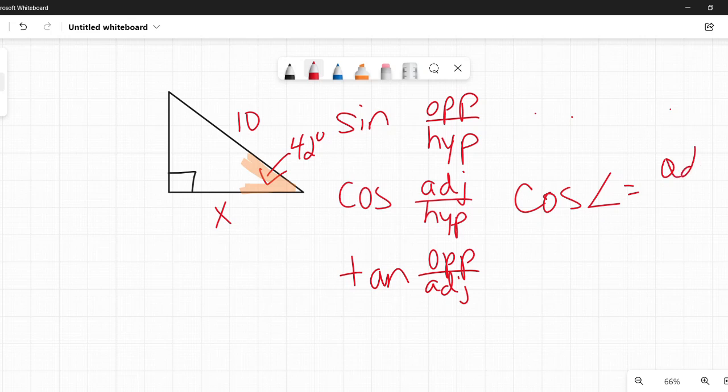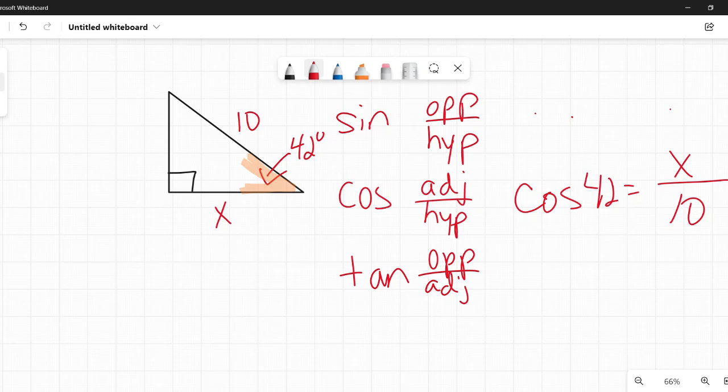So for this one, I would say, okay, I know the cosine of an angle is equal to the length of the adjacent side divided by the hypotenuse. I know my angle. My angle is 42 degrees. I do not know my adjacent side, calling it x, and I know that my hypotenuse is 10. At this point, again, it is just an exercise for your calculator.